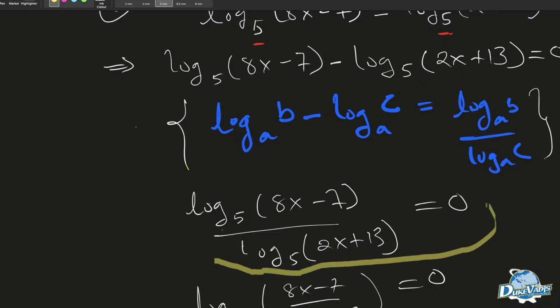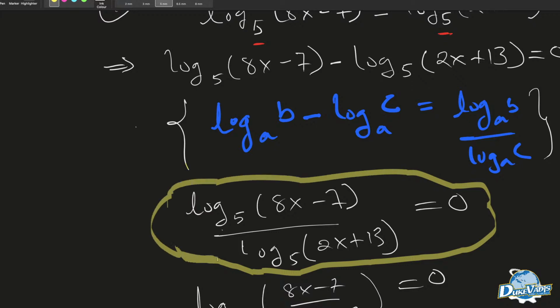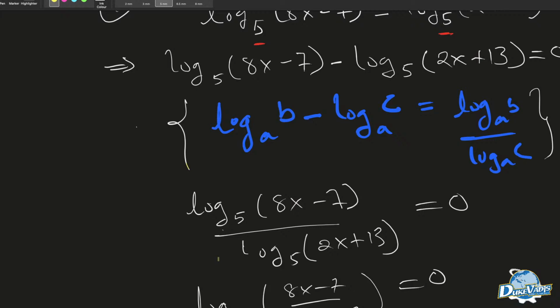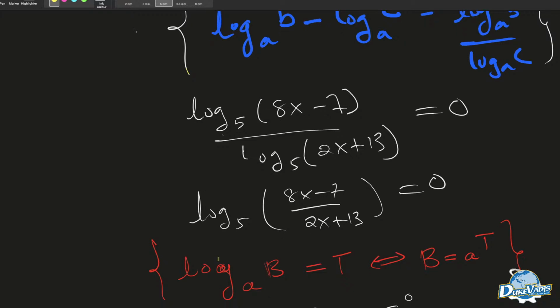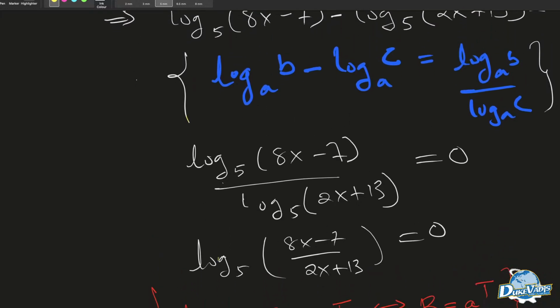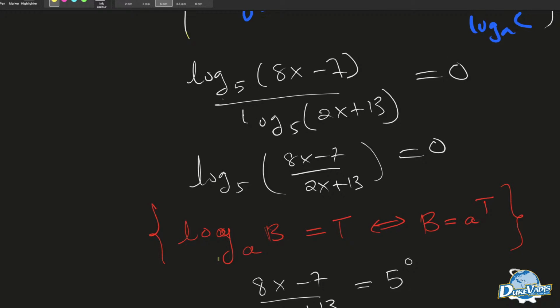Now we will have log to the base 5 of 8 minus 7 divided by that, equals 0. Have you seen that?